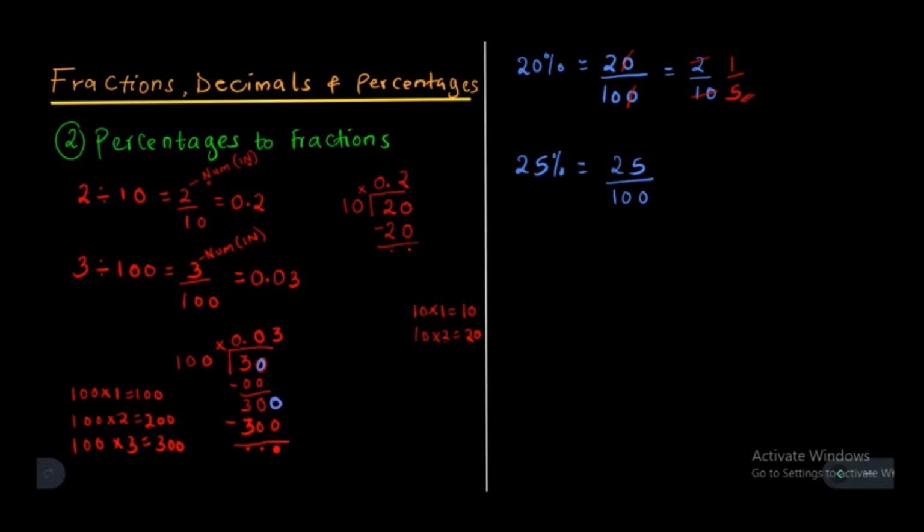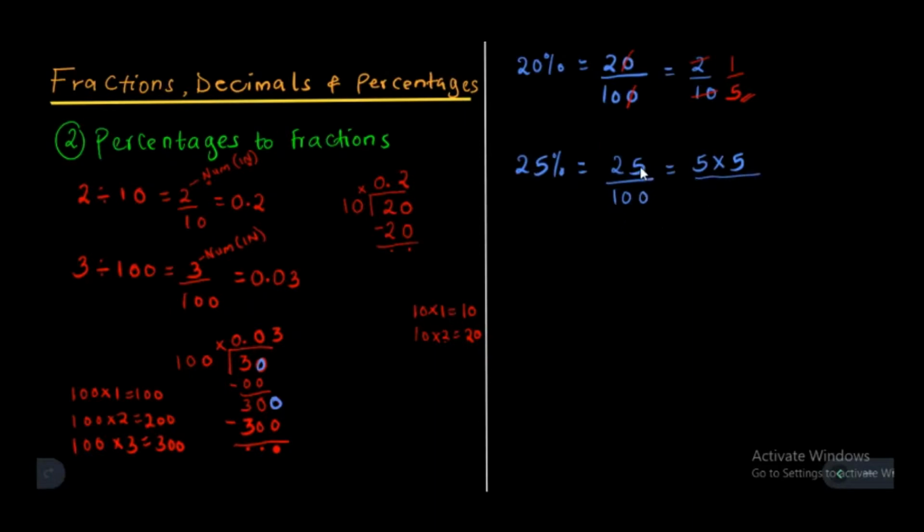If you want to look at it in a different way, I might express 25 as a product of its factors. Two factors that multiply to get 25 are 5 times 5. So 5 times 5 is 25. And then I do the same for the denominator.